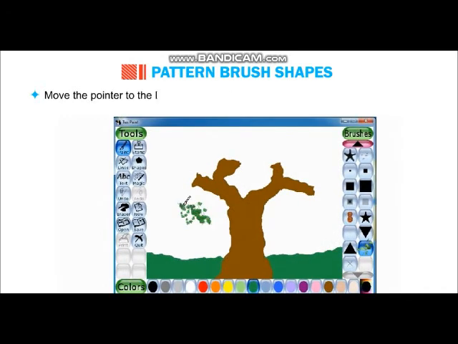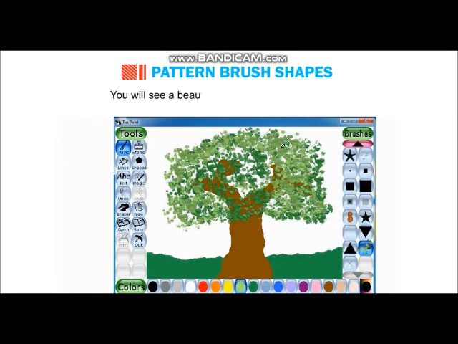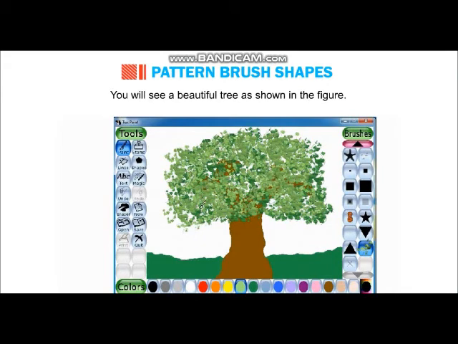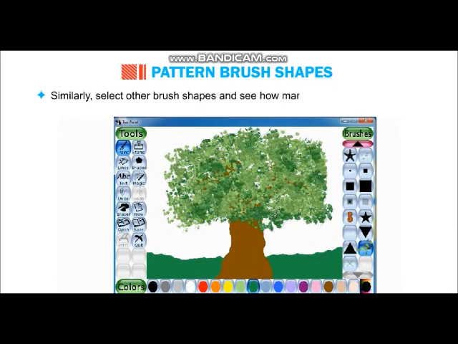Move the pointer to the drawing area and draw the leaves by clicking on the stem. You will see a beautiful tree as shown in the figure. Similarly, select other brush shapes and see how many different patterns you can draw.